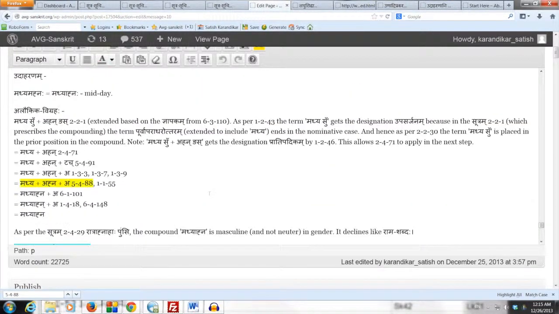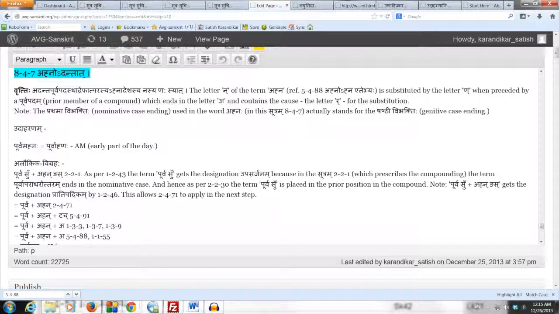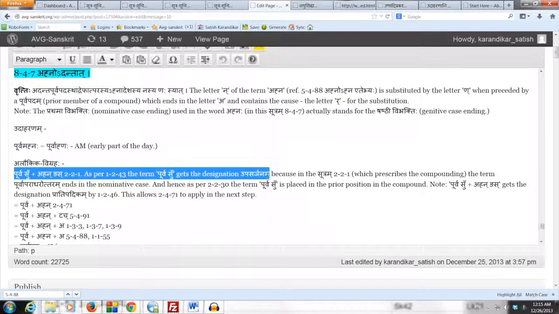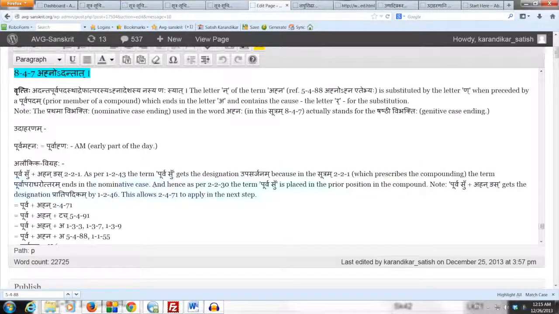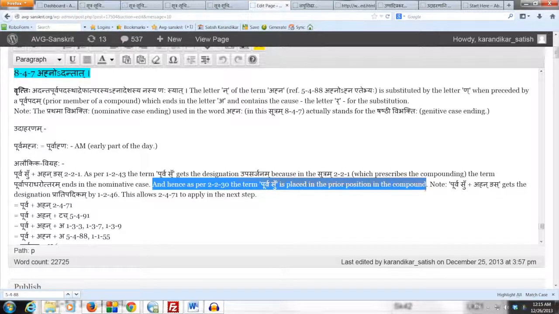Now the usual steps as per the sutram 1.2.43, prathama nirdishtam samasa upasarjanam, the term purva su gets the designation upasarjanam because in the sutram 2.2.1, which prescribes the compounding, the term purva paradharottaram ends in the nominative case. And hence as per 2.2.30 upasarjanam purvam, the term purva su is placed in the prior position in the compound.